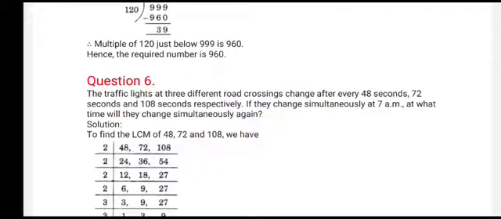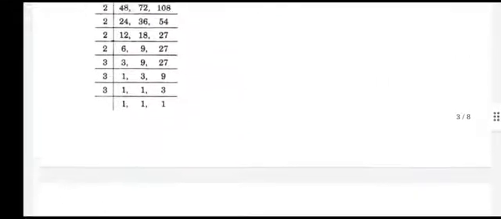So which time will be the next time when these 3 signal lights blink together? When you take HCF, you will get 12 as the highest common factor, that means after 12 seconds. So 7 a.m. is the first time, and the next time is 7 a.m. and 12 seconds. So you will get the answer quickly, students.